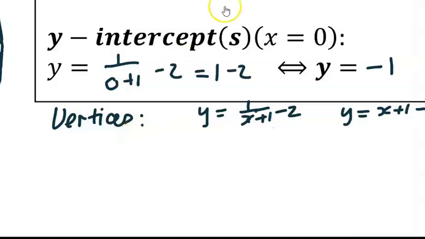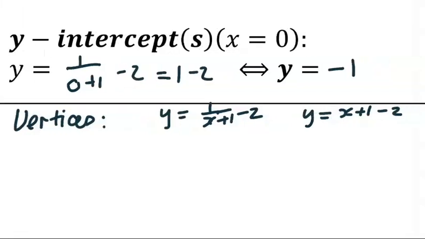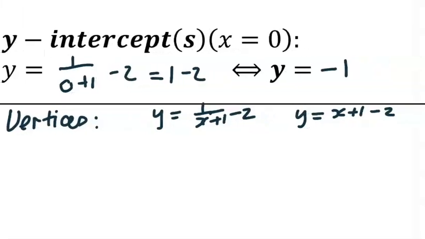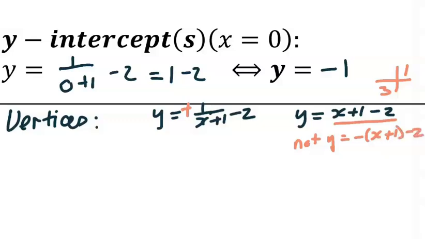And my lines of symmetry, I have two of them, but because I have a plus sign here, I know I will be in my first and third quadrant. So I will use this line of symmetry and not y equal to minus x plus 1 minus 2. So it will not cut that line.